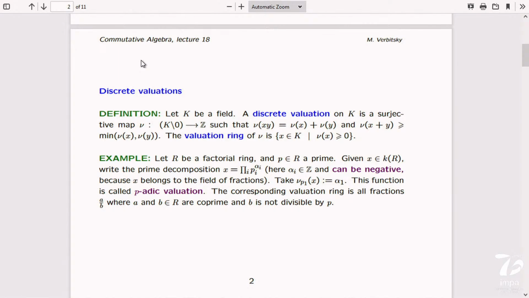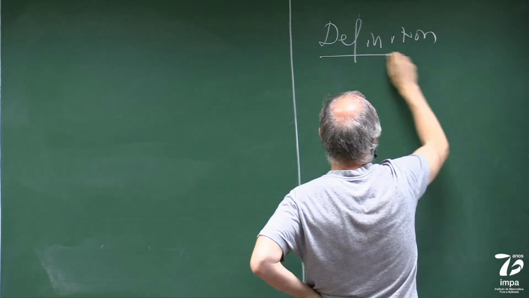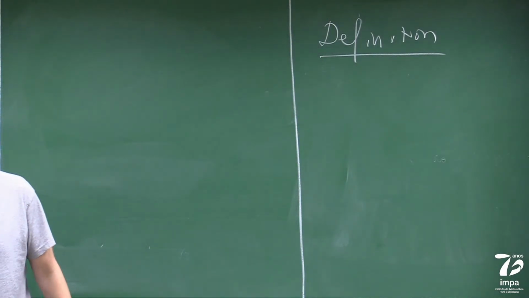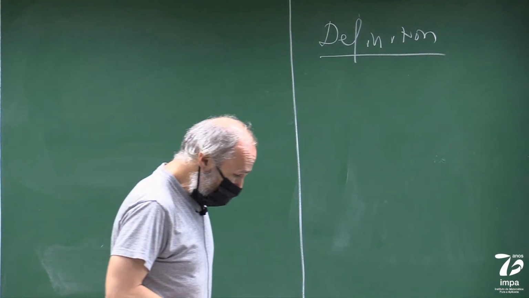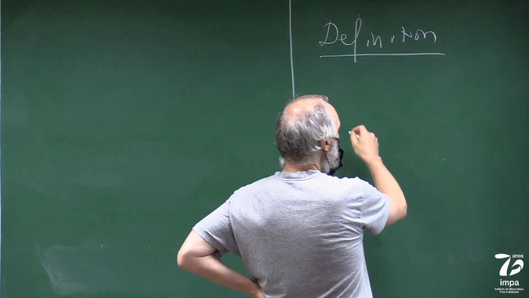Okay, so now let's go for the definition. So the definition is related to p-adic norms. I will explain what it is. Suppose you have K as a field.